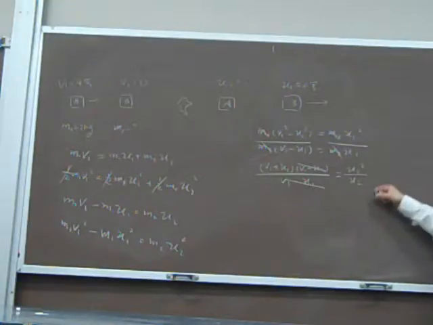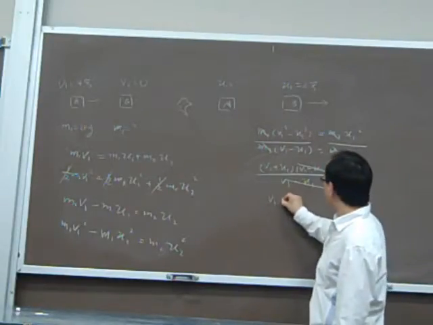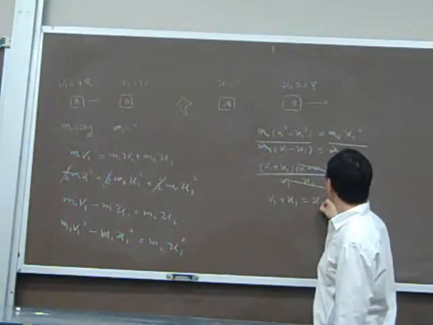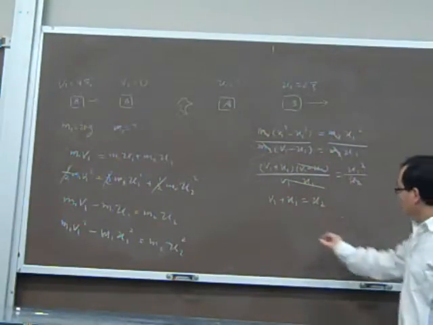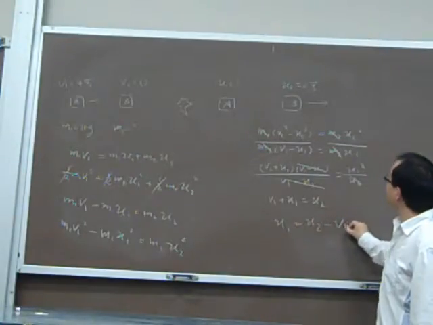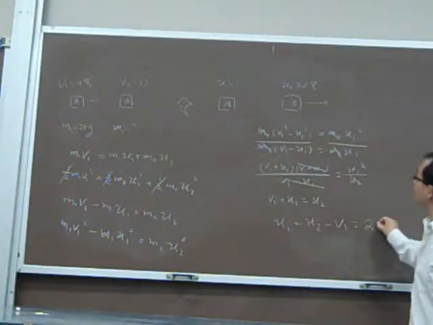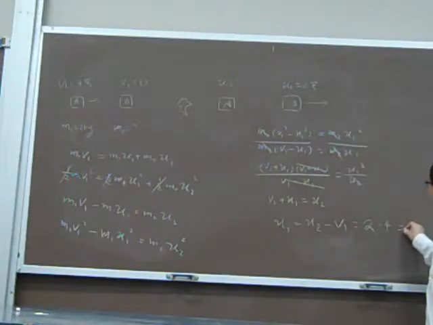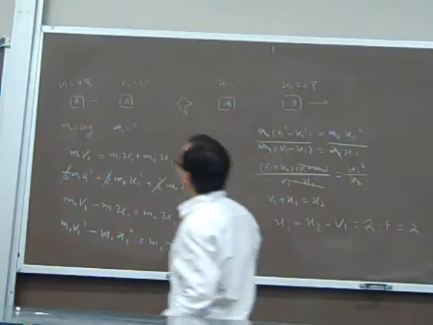And for the right hand side, one of the U2 is cancelled. Okay, so you get V1 plus U1 equals U2. So U1 equals U2 minus V1. U2 is 2. What is V1? 4. So negative 2.